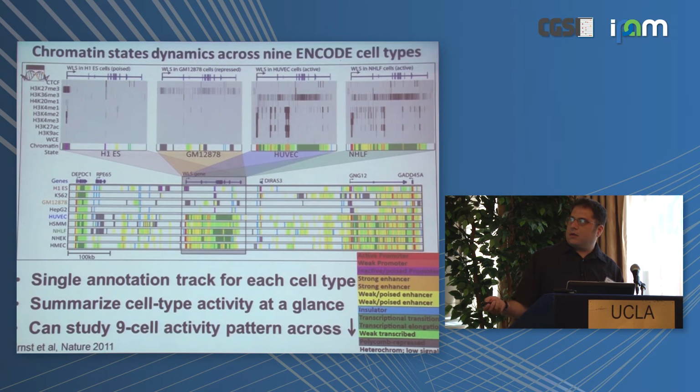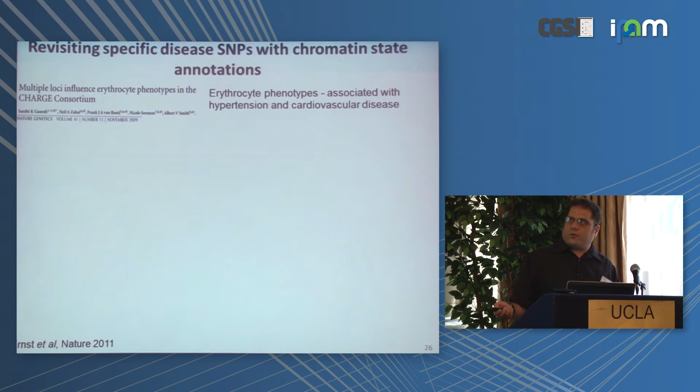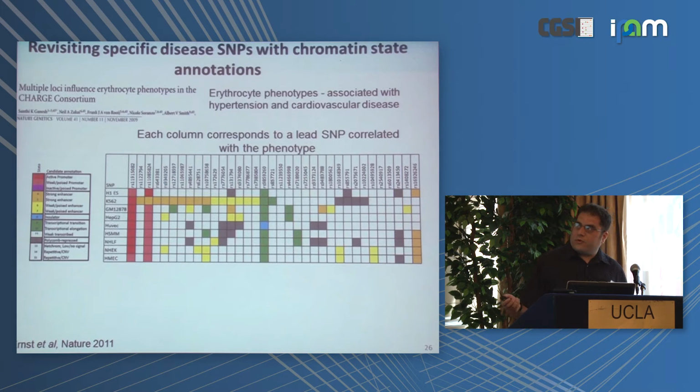So going back to some of the original motivation I had mentioned, we were having genome-wide association study hits falling in these non-coding portions of the genome, often without additional supporting evidence. So at the time, we went through the GWAS catalog and a couple of other studies, and we overlapped the set of top lead SNPs annotated with the phenotype based on the GWAS, and compared them with our chromatin state annotation.